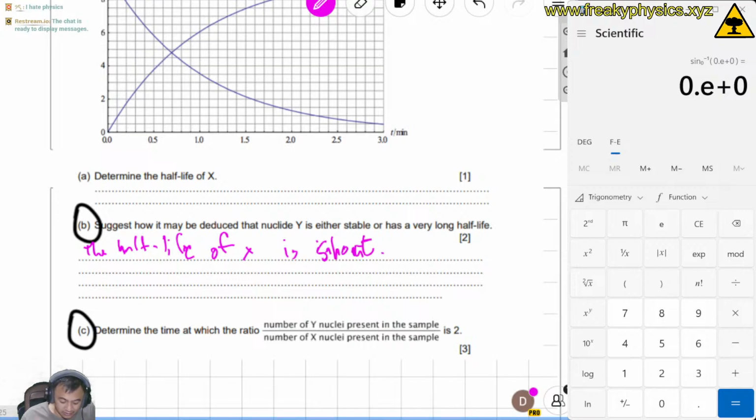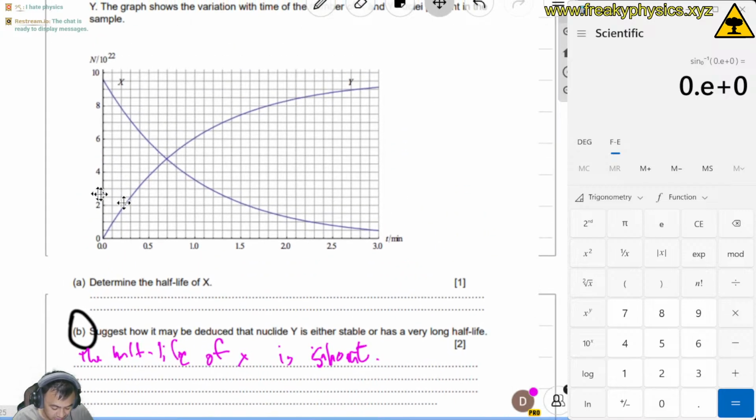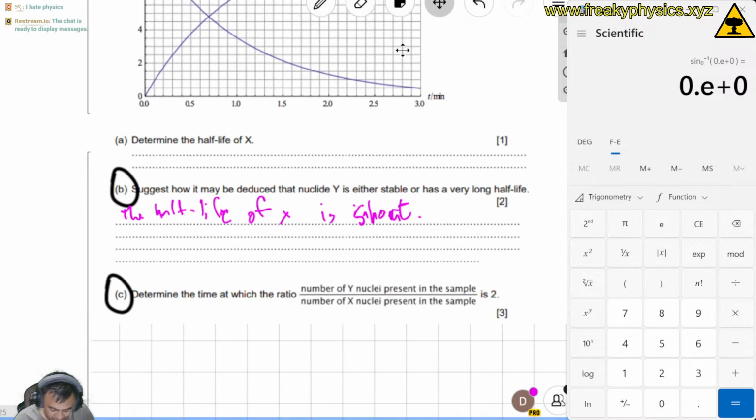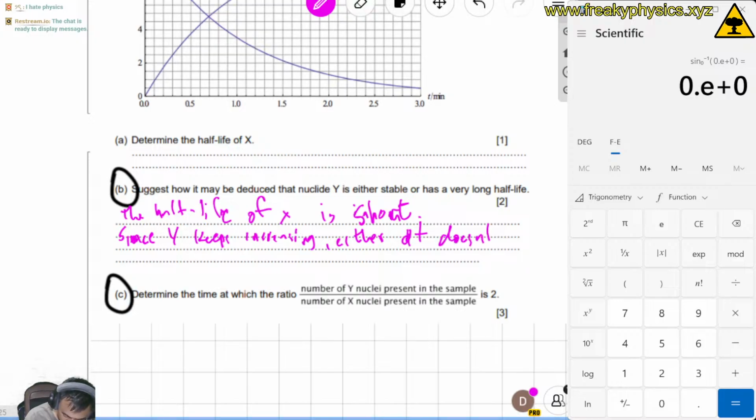Now, if the half-life of Y is also short, then we shouldn't follow the same curve. It shouldn't increase like this. So since Y keeps increasing, either it doesn't decay, and it does not decay, which is stable, right?